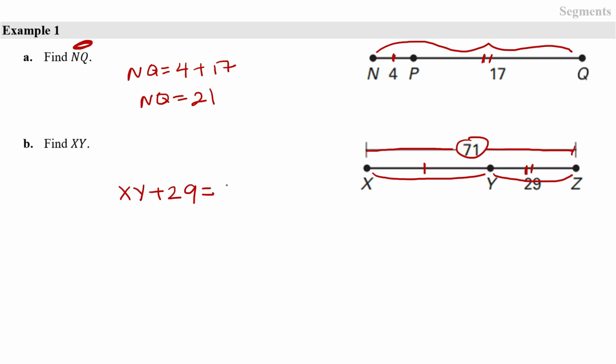I'm using the exact same formula, and then I can use my algebra. How can I get XY by itself? I can do the opposite and subtract 29 from both sides. This will cancel, and that gives me XY is equal to 42.